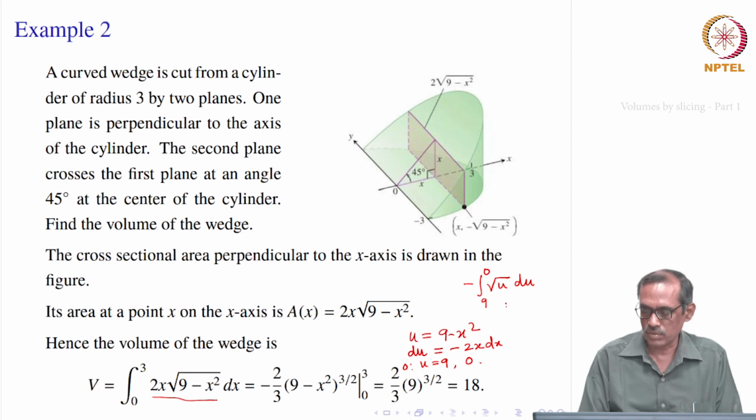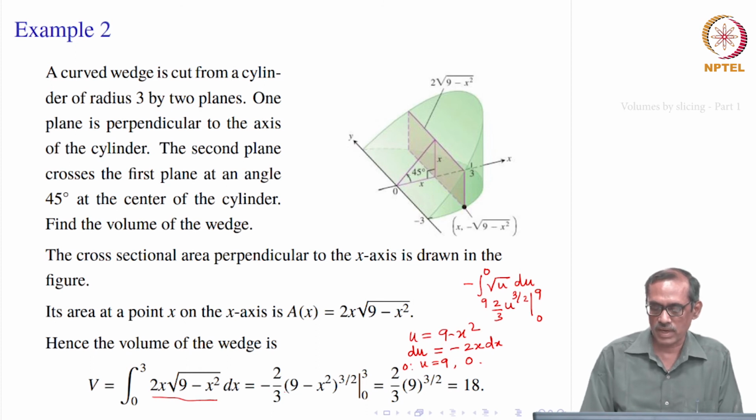So, that would give u to the power 3 by 2 multiplied by 2 by 3, and then 9 to 0, and this minus sign goes away, it is integral from 0 to 9. Or in terms of x you can write the same thing as 2 by 3, 9 minus x square to the power 3 by 2, from 0 to 3, right.